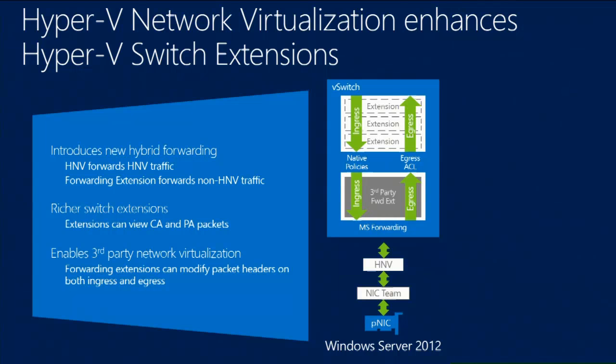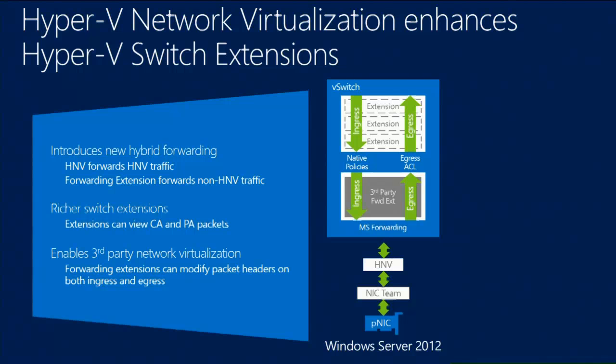If you look at the software architecture in the 2012 time frame, we had HNV, if you see the box below, which is Hyper-V network virtualization, layered below the virtual switch. So when a VM was going to send traffic, it would flow through the switch. All the extensions could see the CA space, the VM's address space, but they didn't get to see the hoster's address space at all.